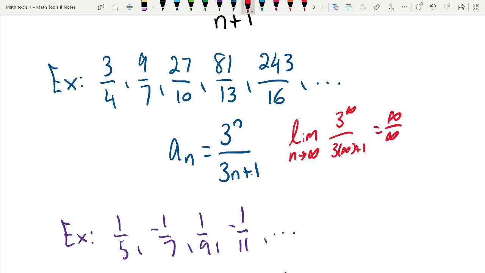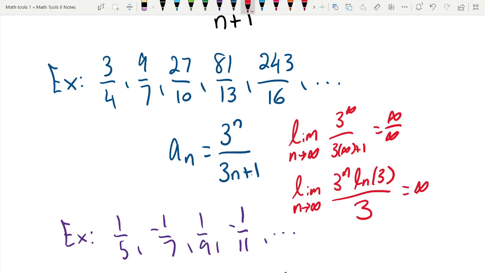So we can use L'Hopital's rule to say that this is the limit as n goes to infinity of 3 to the n times natural log of 3 over 3. The natural log of 3 over 3 doesn't really matter. What matters is that 3 to the n is still going to infinity. So this is equal to infinity, which is not converging to a finite number. So we'd say that this is divergent.